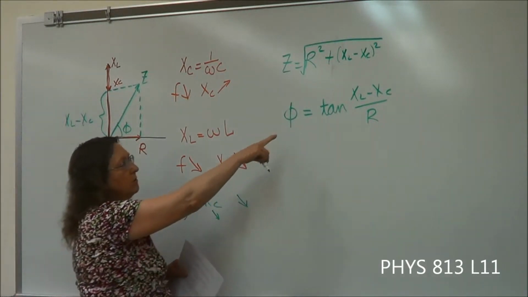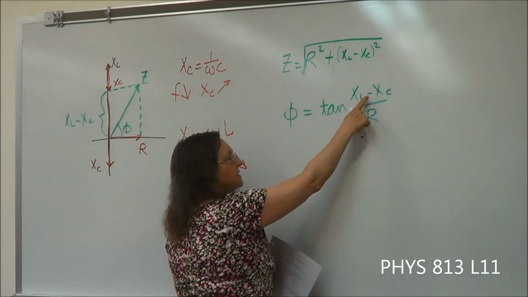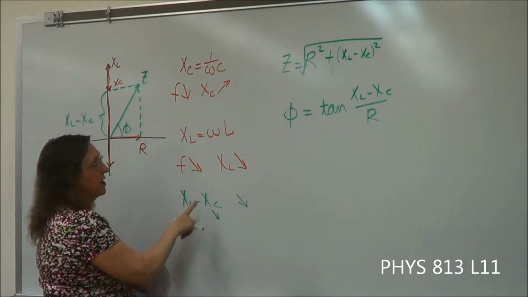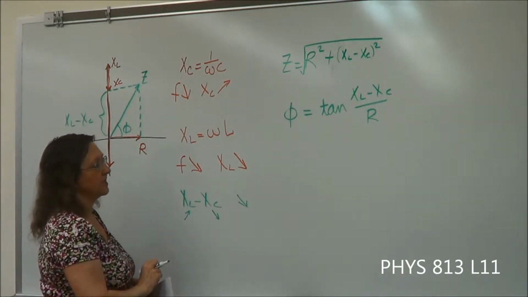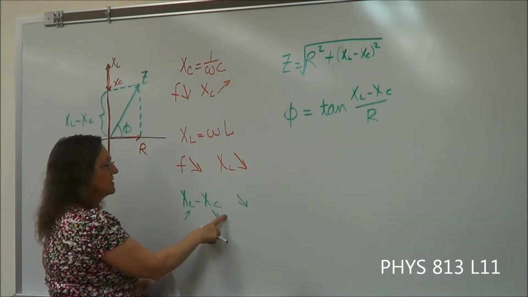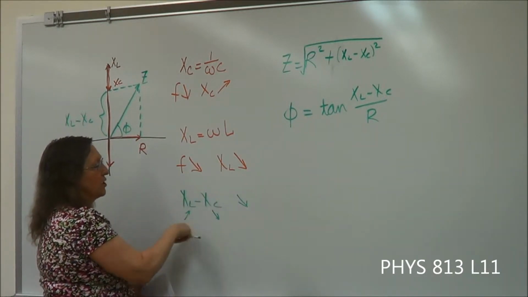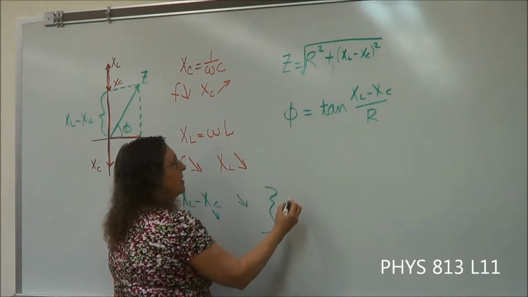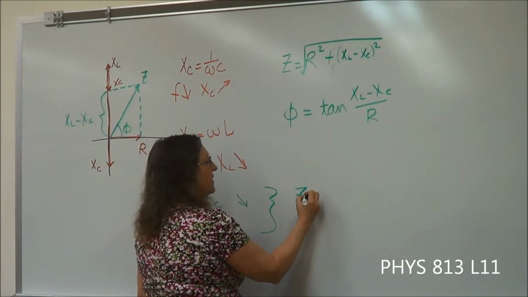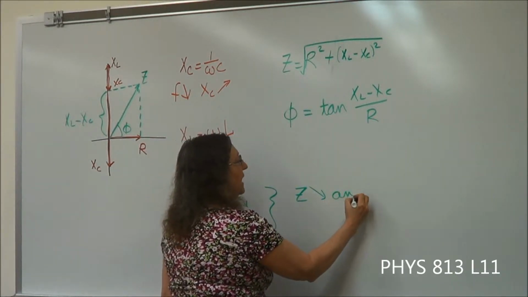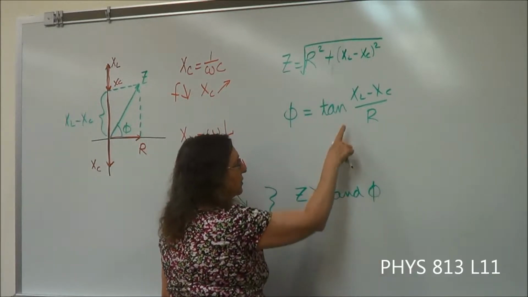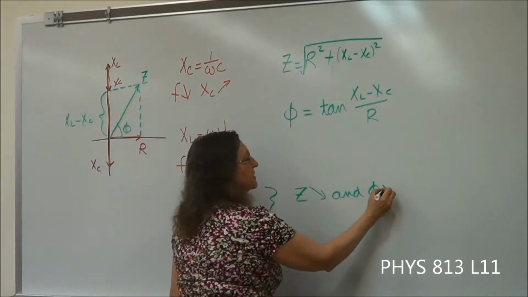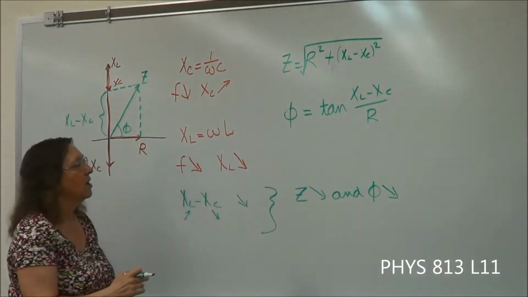The phase angle would be the same thing because it's XL minus XC, and the impedance would do the same thing. Since XL minus XC is in both of these, we look at this term first, and as a result, the impedance decreases and the numerator decreases, and of course that tells you that the angle decreases. Okay?